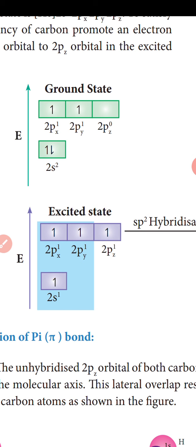The valency of carbon is 4. The electronic configuration of the valence shell of carbon is given for the ground state and the excited state. To satisfy the valence of carbon, an electron is promoted from the 2s orbital to the 2pz orbital in the excited state. So the bonding in ethylene is sp2 hybridization, and the bonding in acetylene is sp hybridization.